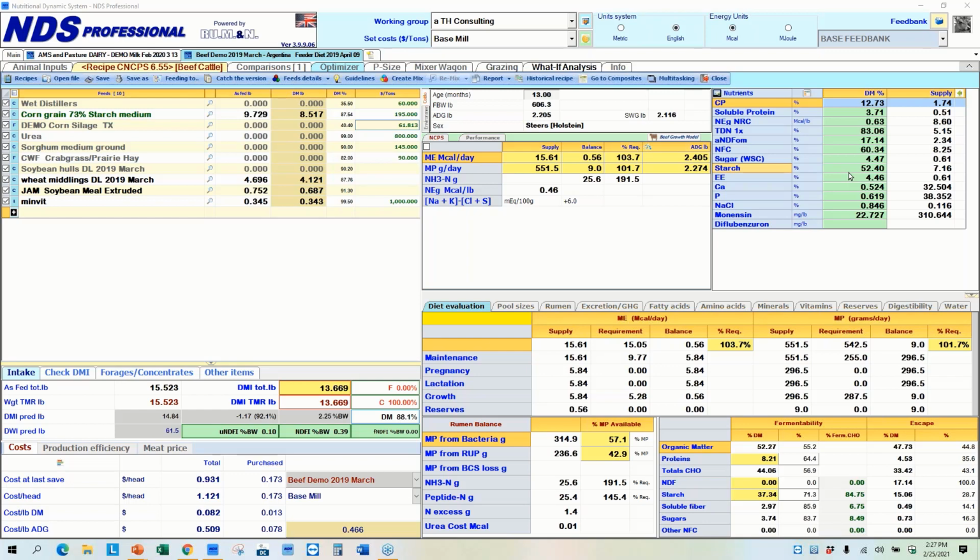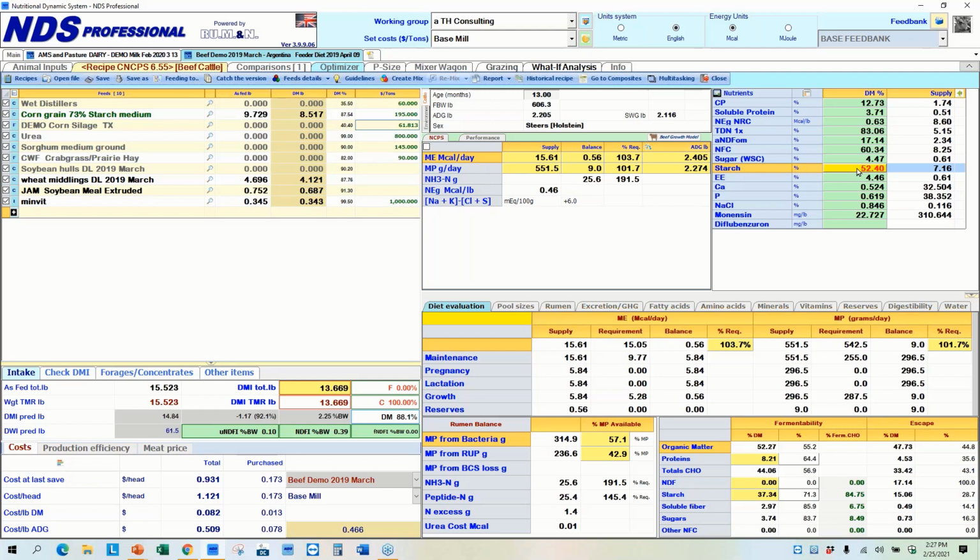Even though the inputs are correct, sometimes the CNCPS fails to give you good predictions for some reason. In those cases, you may want to compare those predictions with the beef growth model in order to have an additional view of your diet, and maybe consider some adjustments. The priority is always the CNCPS.